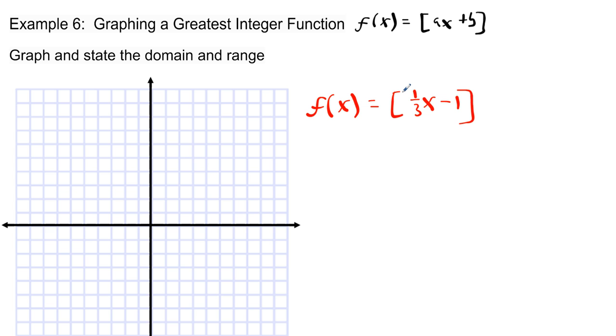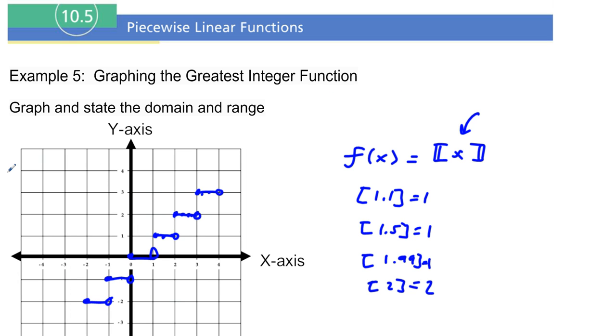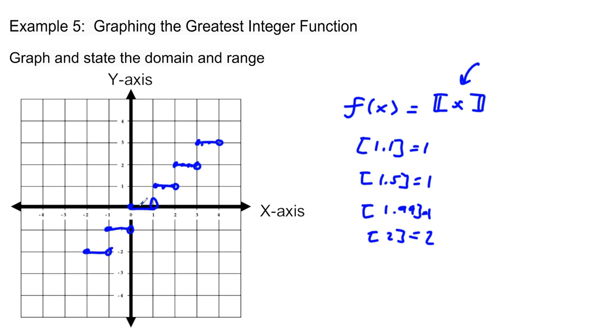If we're taking a third of x, that means it's going to extend our line. If you look back at the last example, it's going to extend this out by a third, because if we take x and multiply it by a third, then whether it be the first third, the second third, or the third third, its greatest integer, if you round down, is always going to be a length of 3.